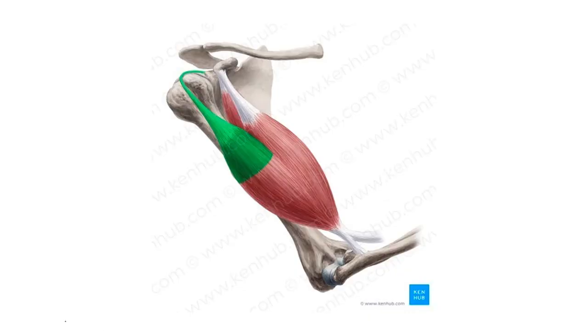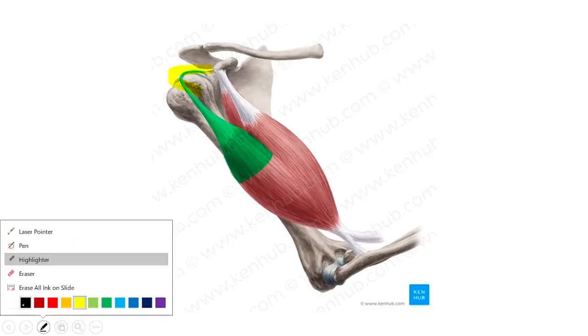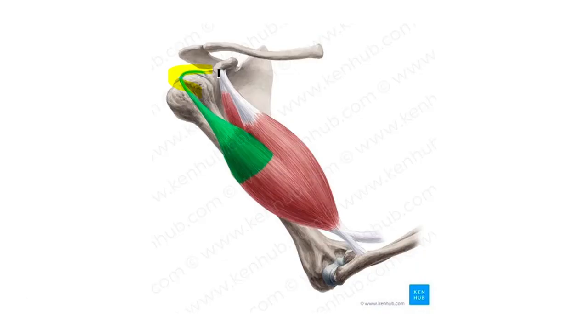The short head comes from the coracoid process and then merges with the long head so that it forms a single belly. Now, this complete biceps is then attached laterally to the radius.